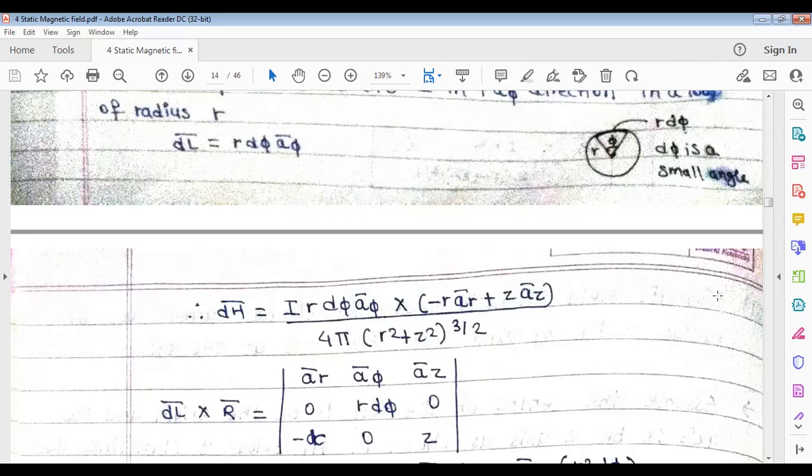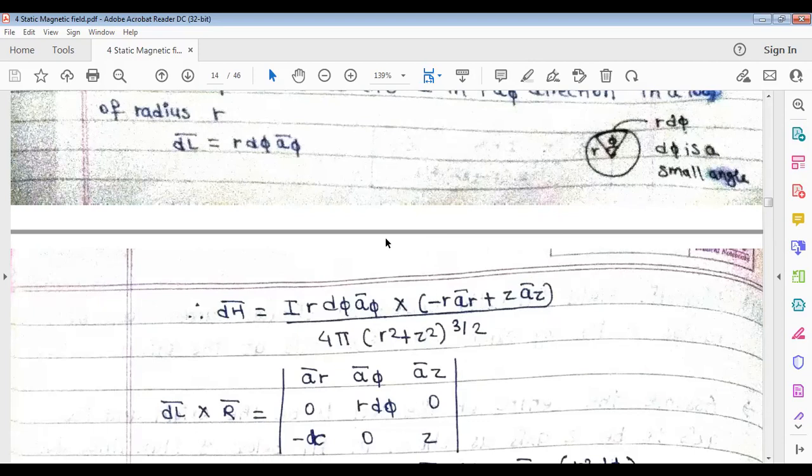We are coming as phi to R. After phi there is R, which means you are going in anti-clockwise direction. When you are going in anti-clockwise direction, the sign should be negative, so it is minus a bar, and the third vector is z. Okay, so it is minus a bar z.